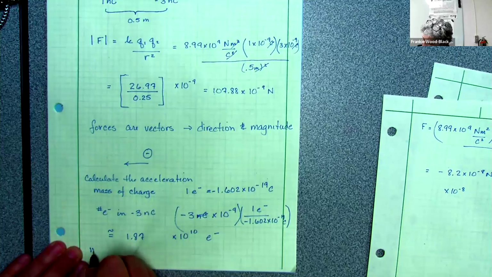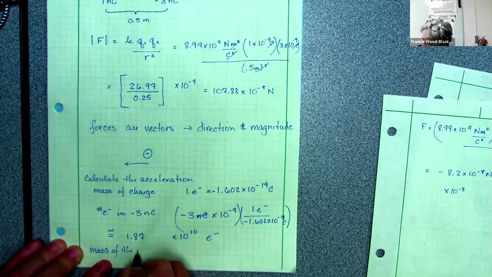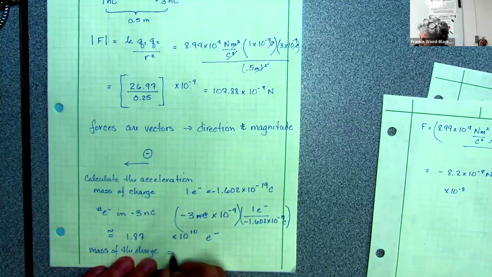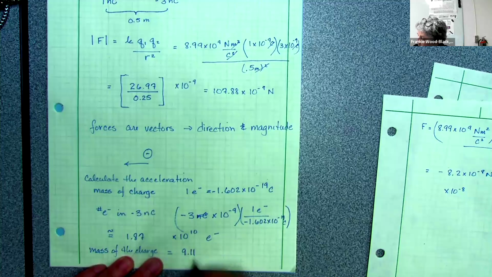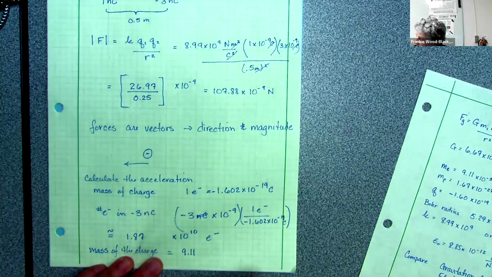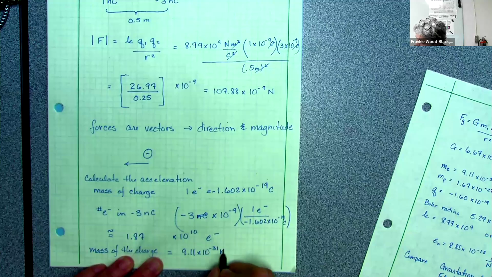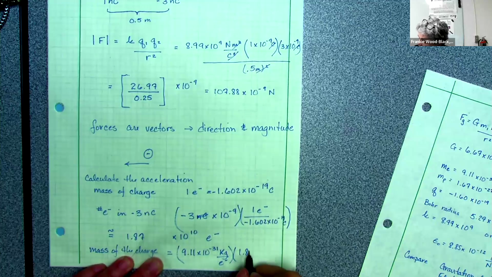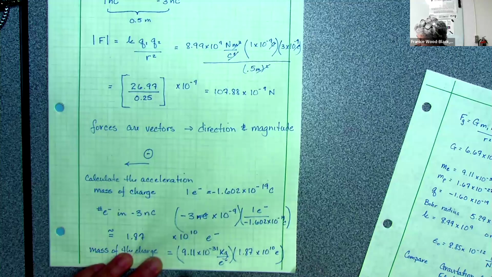So my mass of my electrons is equal to my 9.11 times 10 to the minus 31 kilograms, and that's per electron, times 1.87 times 10 to the 10th electrons.